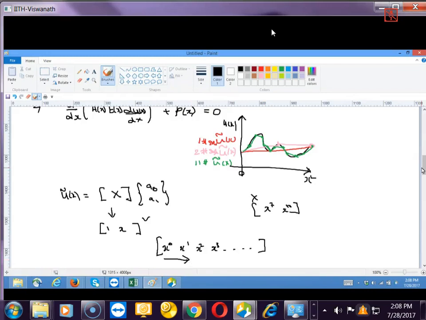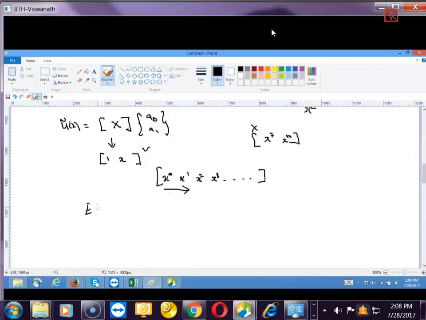By doing that, your error, which is defined by the difference between your exact solution and your approximate solution, will only be of order h to the power of p, where p is one plus the highest power that you have left out.